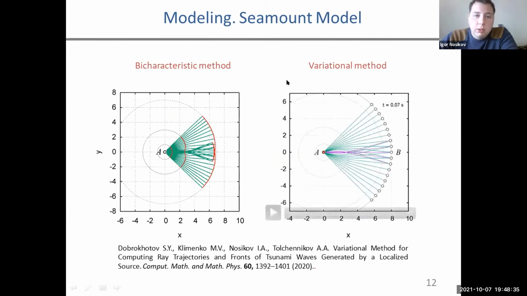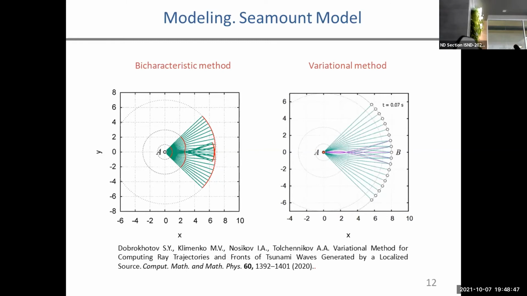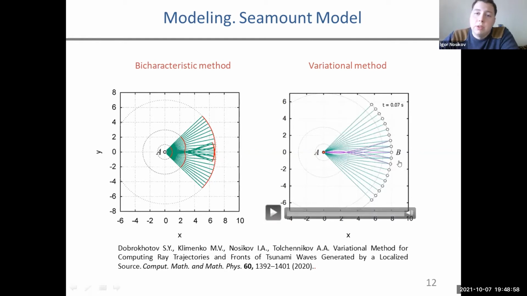On this slide, you can see a comparison between two approaches. On the left side, you can see the traditional ray tracing with different reflection angles and reconstructed fronts. On the right side, you can see results of calculation by the variational method. Endpoint B is systematically fixed at different positions, and we calculate all rays.